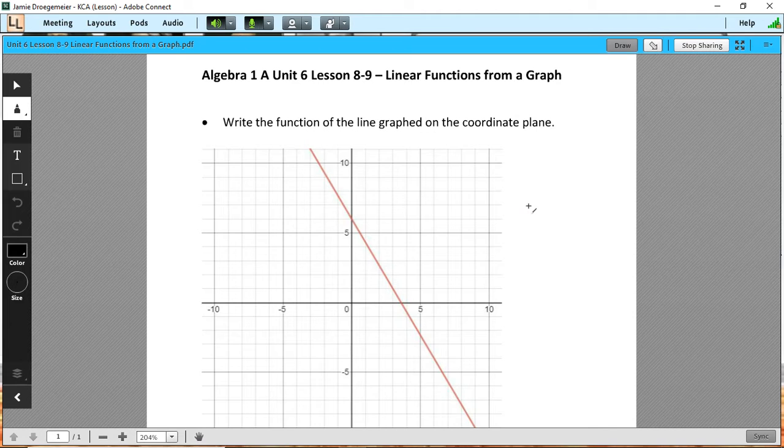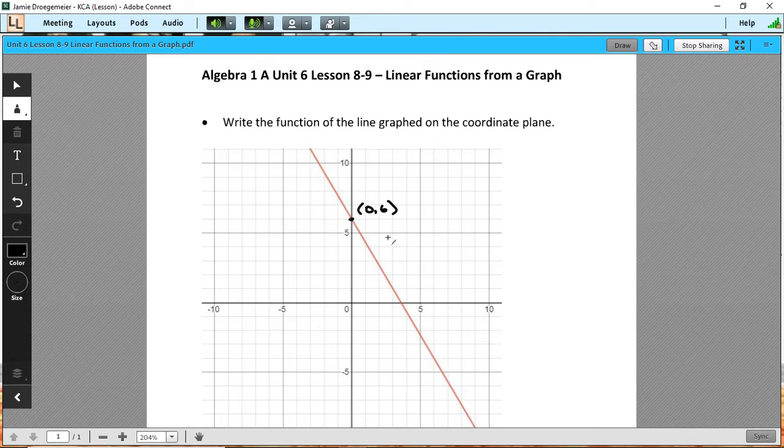slope-intercept form. So if we look at this first graph that I have here, I have my x-axis, I have my y-axis. I can identify a y-intercept here of 6. So 0, 6, that's my y-intercept. And now if I can find the slope from there, then I can write the equation of the line using slope-intercept form.